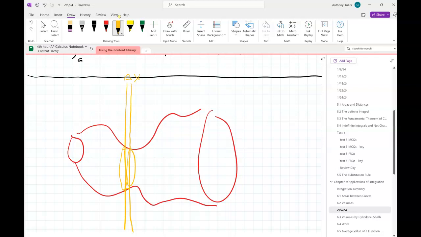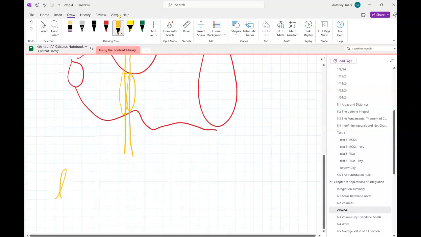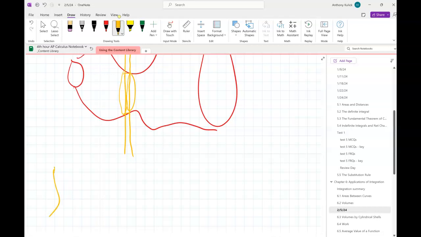If I add up infinitely many things, this sounds like a Riemann sum heading to an integral. Remember that our definition for an integral is the limit as n approaches infinity of the sum, i equals 1 to n, of f of x sub i delta x.